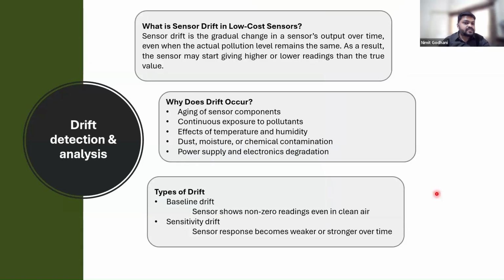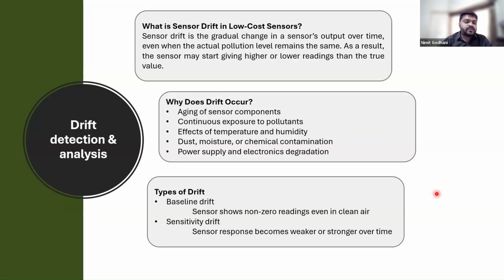Now drift detection and analysis, the question you were asking earlier: what is sensor drift in low-cost sensors? Sensor drift is a gradual change in the sensor's output over time, even when the actual pollution level remains the same. As a result, the sensor may start giving higher or lower readings than the true value.